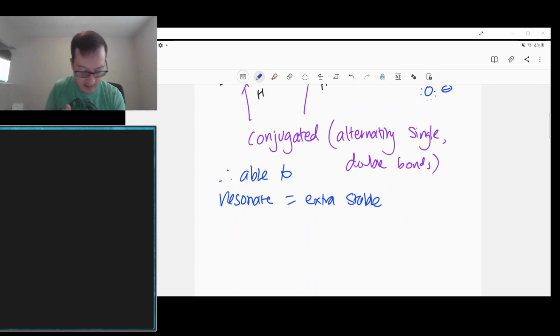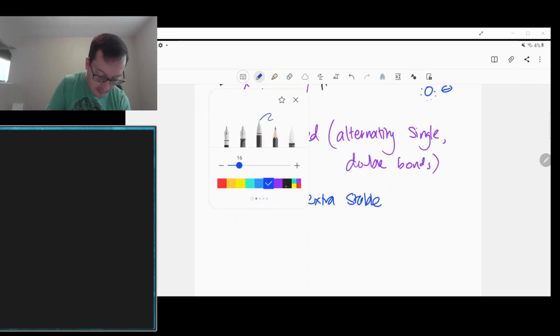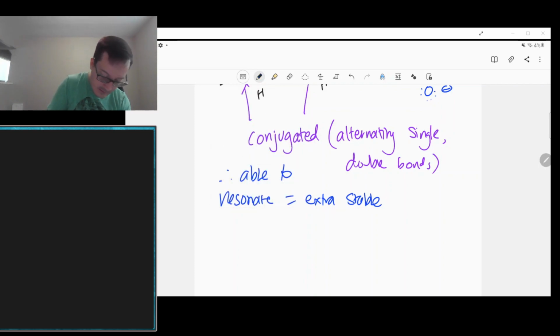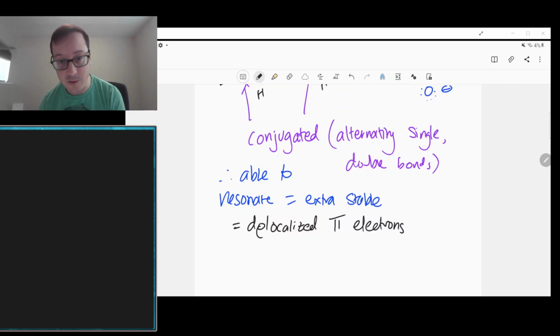All right, so anytime we can delocalize electrons, the same thing here, delocalized pi electrons. This doesn't happen with sigma electrons, by the way, because those are always going to be localized because they're forming that single bond.